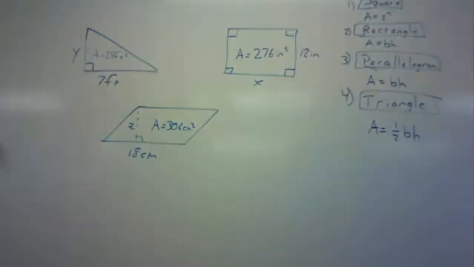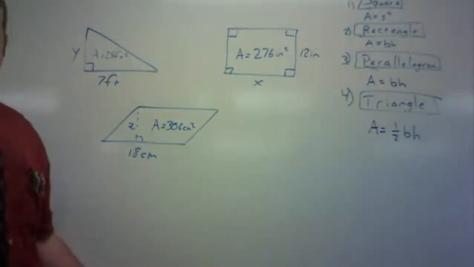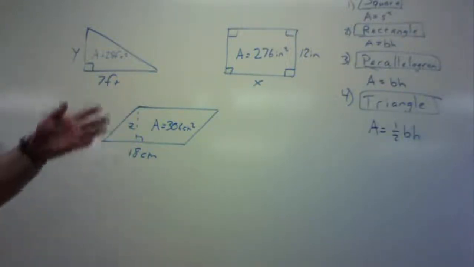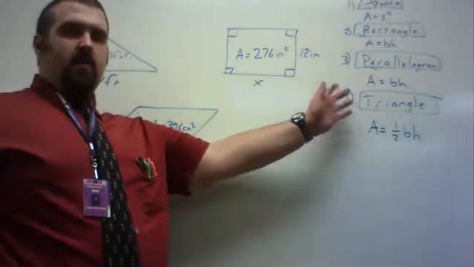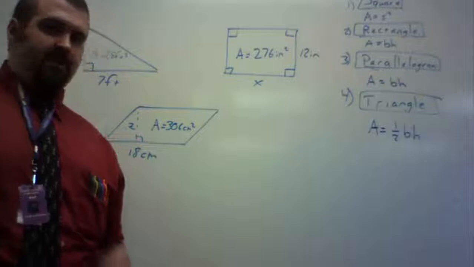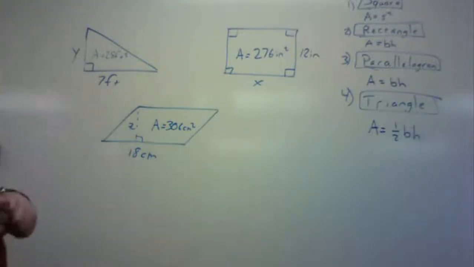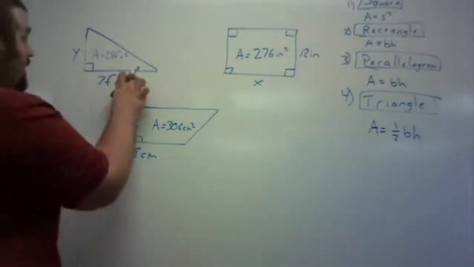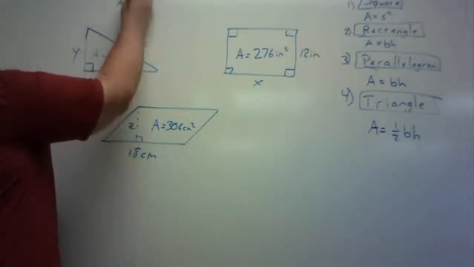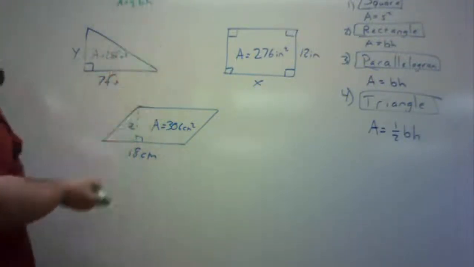Alright, so in each of these cases, I'm trying to find the unknown variable. But again, I'm given area in each case, so I know I'm probably going to be using the area equations. If they would have given me a perimeter, I would have used perimeter equations. However, area, so I'm probably going to use the area. That's a triangle. Area of a triangle is 1/2 base times height.